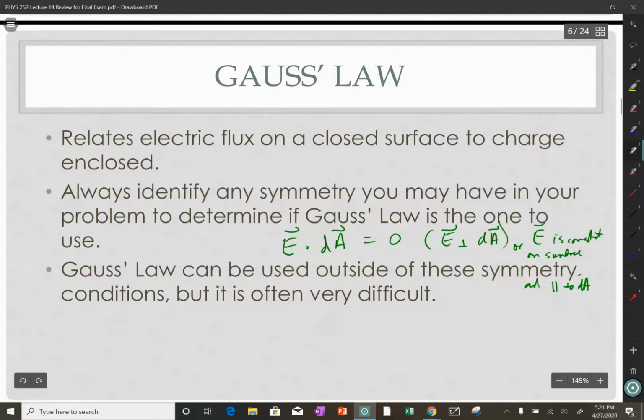So we usually shoot for one of those two. And that makes it really easy. I don't think we ever had to do an integral for the integral of E dot dA.